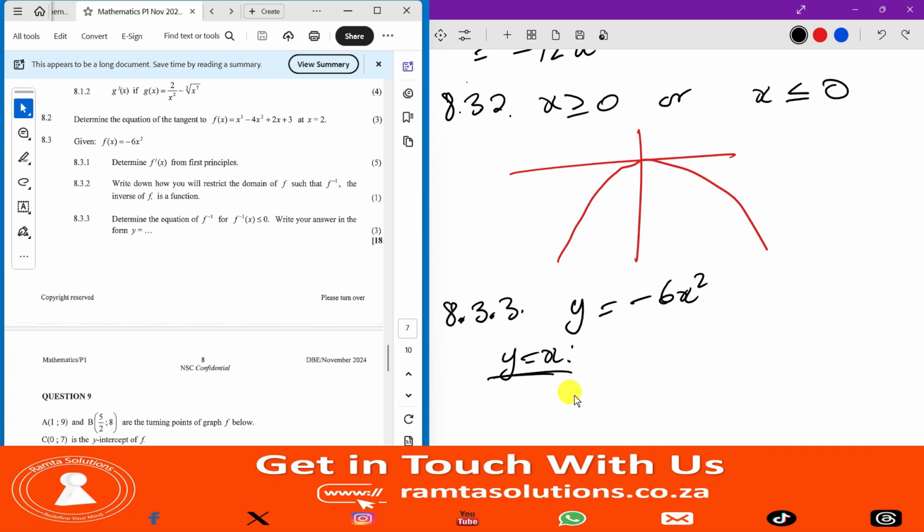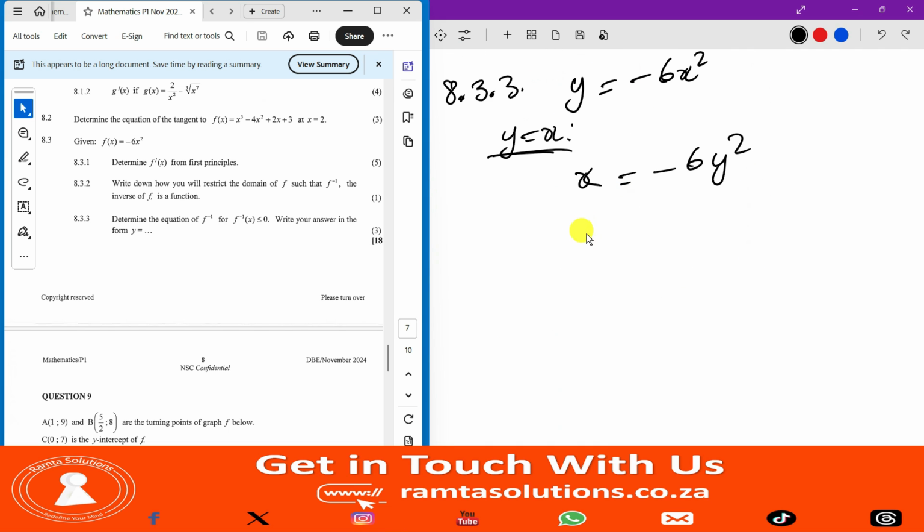Where there's y, you put x, and where there's x, you put y. So dividing by negative 6 throughout, we'll have negative x over 6 equals y squared. Then square root, it'll be plus or minus the square root of negative x over 6 equals y.